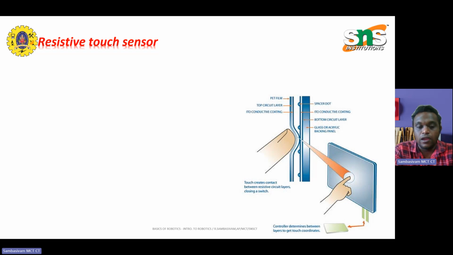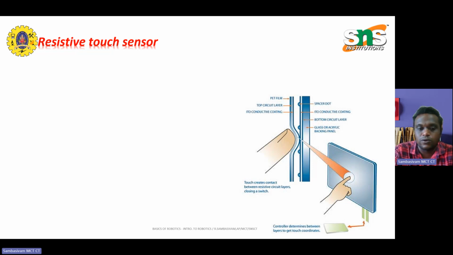As I said earlier, it is one of the most common types of touch sensor technologies and widely used in a variety of equipment and different things. These consist of a flexible top layer and a rigid bottom layer, both connected with a conductive material. When pressure is applied, the two layers touch, and the change in resistance determines the touch location.